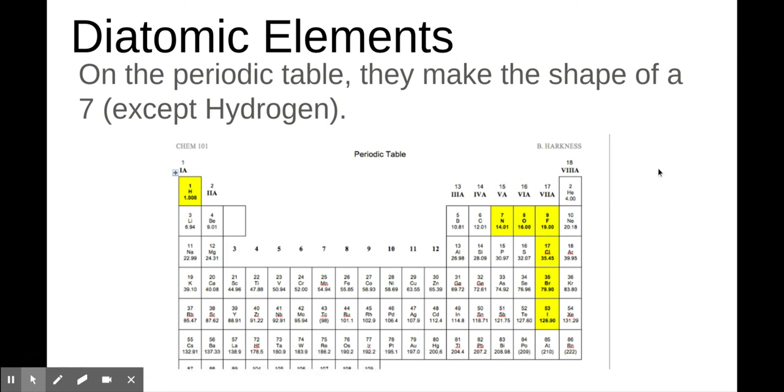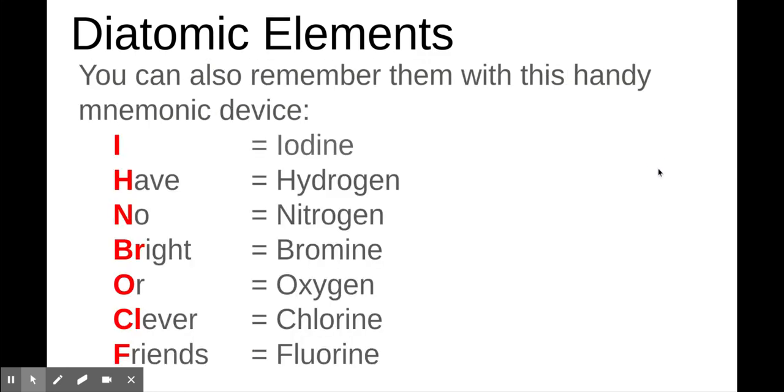The way that I remember them, and the way that I think most students choose to remember them, is using a helpful mnemonic device. So if you just say to yourself, I have no bright or clever friends, that is a mnemonic where each word starts with one or two letters that indicate one of the diatomic elements. So I is iodine, have is hydrogen, no is nitrogen, bright is Br, bromine, or oxygen, clever is chlorine, and friends is fluorine.